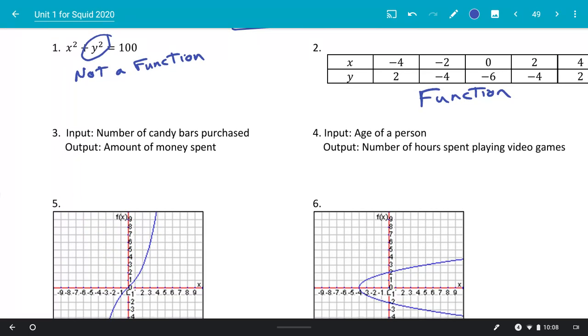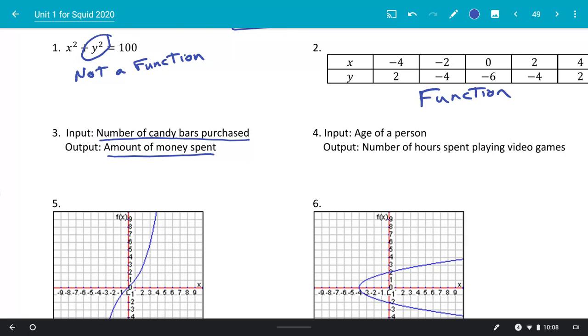Number 3, input, the number of candy bars purchased, output, the amount of money spent. Now this is kind of tricky, because I could think for myself, I could say, hey, I could buy 3 regular candy bars and 1 giant candy bar or king size, and that would be a different price than 4 regular sized.